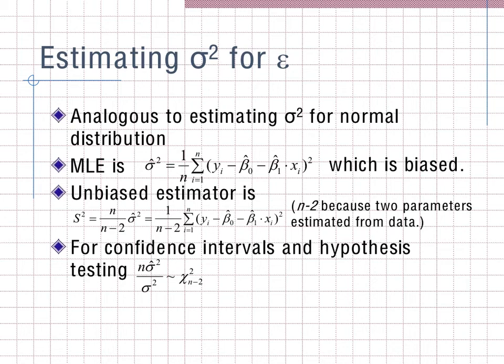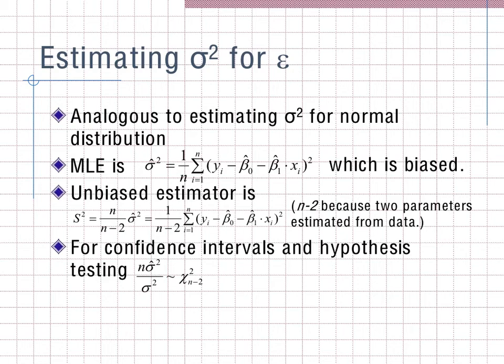And the maximum likelihood estimator for sigma squared is going to be equal to 1 over the number of observations times the sum of the squared differences between the observed values for y and the predicted values for y based upon our estimated slope and intercept.